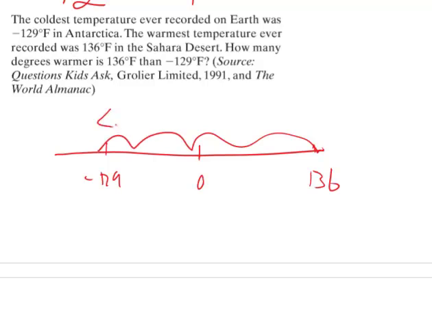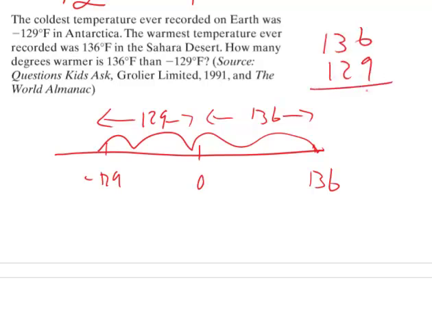Well, I know that from here to here is 129, and I know from here to here is 136. So essentially what I'm going to do is I'm just going to add those numbers together. And let's see, 9 and 6 is 15. That's a 6, so 265. So it's 265 degrees Fahrenheit warmer than negative 129.